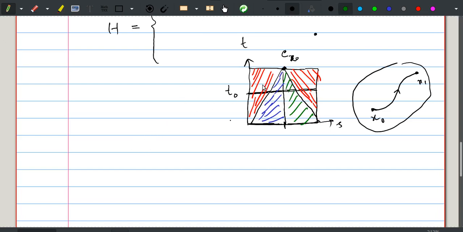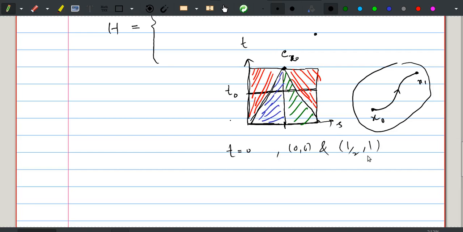So in this first red region, which is bounded by the line t is equal to 0, and the line joining the points (0, 0) and (1/2, 1).